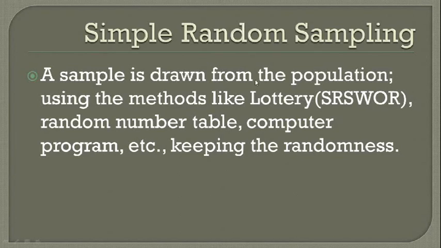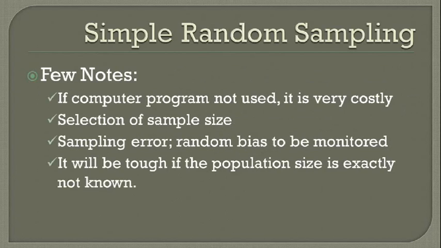If we use manual methods, they are at first costly, then time consuming, etc. But if we use a computer program, it will be less costly and less time consuming.